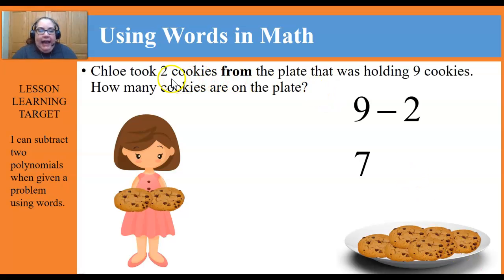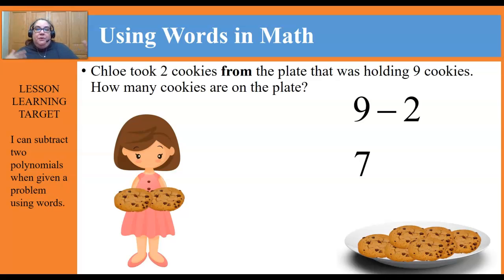Now, that's not how the numbers were given to us originally. What we were doing was 2 from 9. You're taking 2 away from 9. So this vocabulary word in math, from, means it's going to be subtraction.